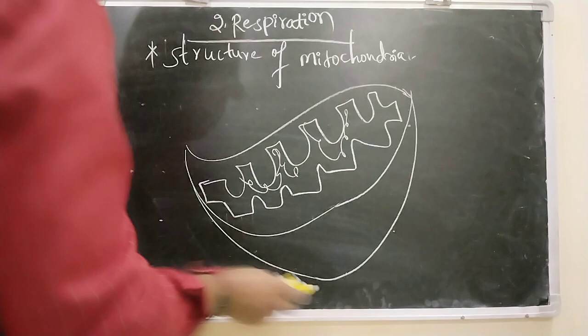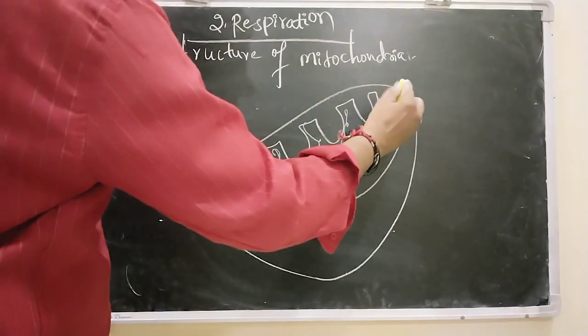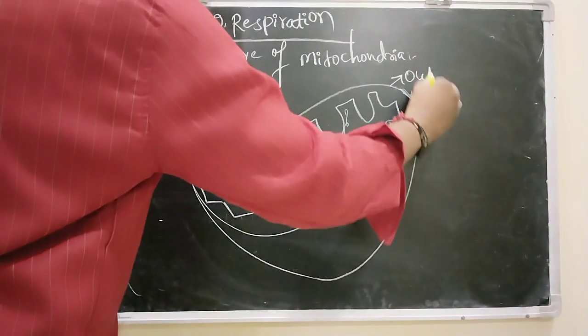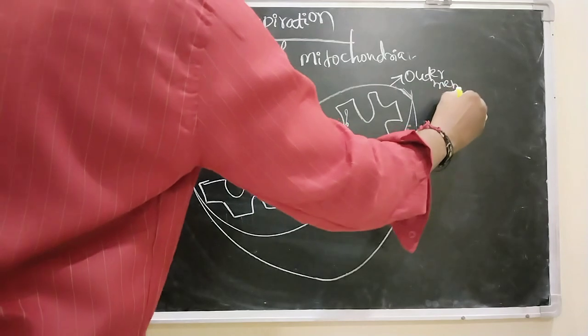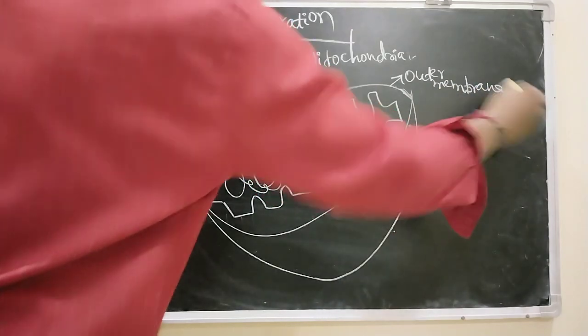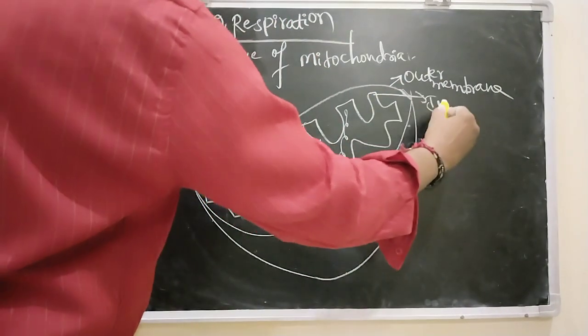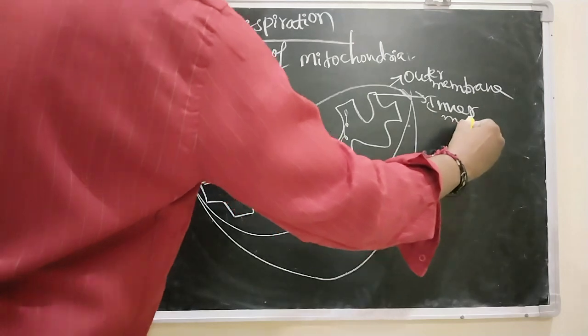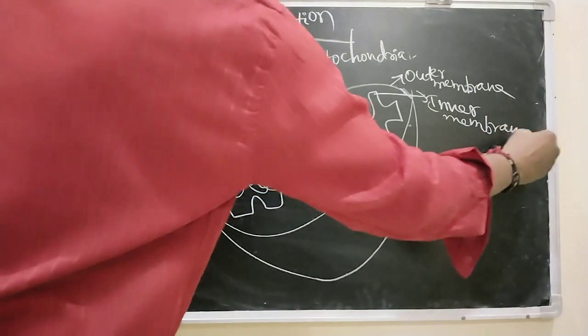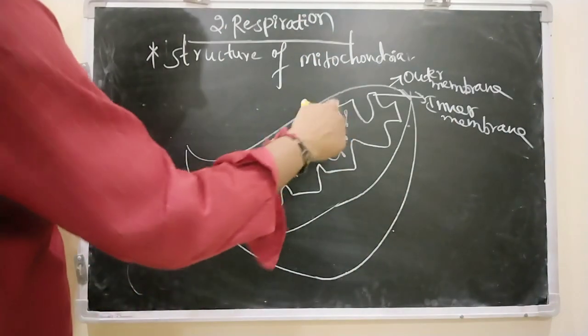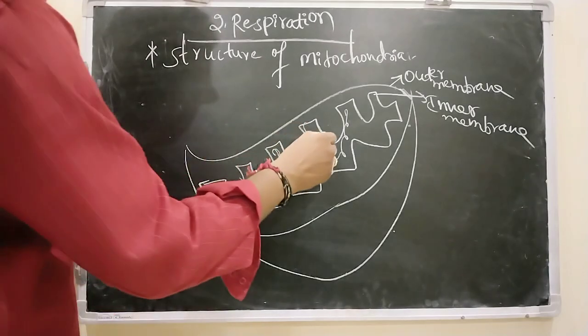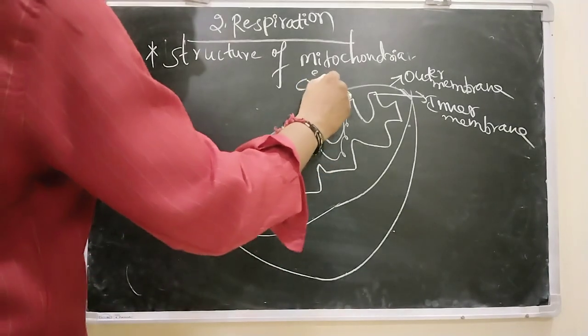Right. Actually, mitochondria is a double membrane structure which consists of an outer membrane and inner membrane. The inner membrane is thrown into several folds. These folds are called cristae.